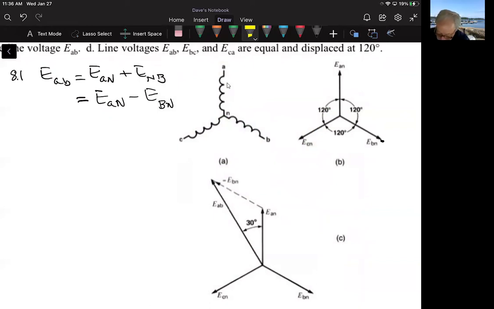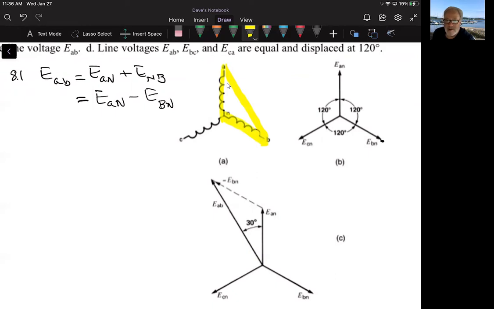What we're trying to determine is this voltage. If we're thinking about this in terms of geometry, we get that length by adding this plus this.